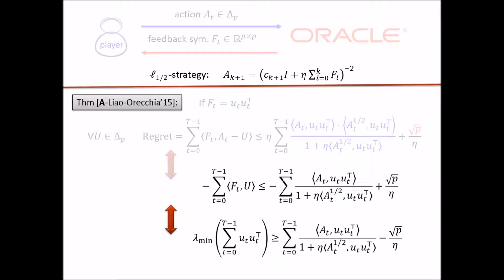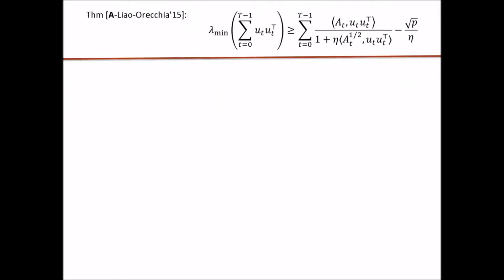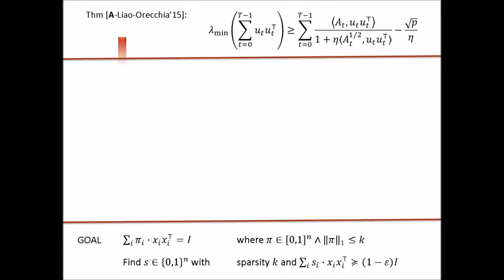So this is just one application of the regret inequality, and now I'm going to use this consequence to show you how to do experiment design. This is the same regret inequality from the previous slide. And remember that we have this problem from experiment design: we have a fractional solution, pi, and now we want to find an integral rounding so that the integral covariance matrix spectrally dominates 1 minus epsilon times the fractional covariance matrix, but that's identity.